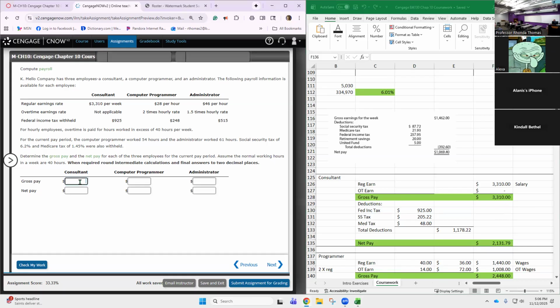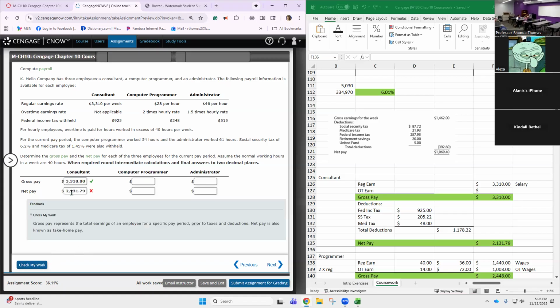So the gross pay for the consultant is just what it says there, $3,310 a week. But when we calculate the deductions and subtract them, the net pay is $2,131.79. Make sure you put those 2 decimal places on the end.